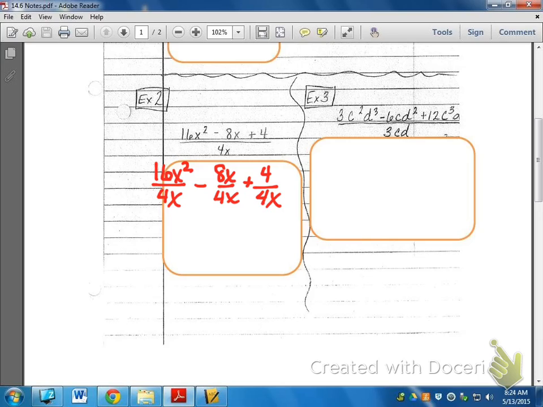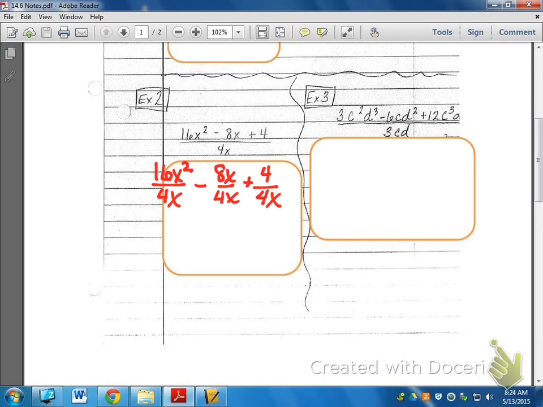So write every term over what you're dividing by, in this case 4x, and you reduce each one, and whatever's left is what you put in your answer. Even though some of them may look strange. This one might look a little strange to you when we get done.